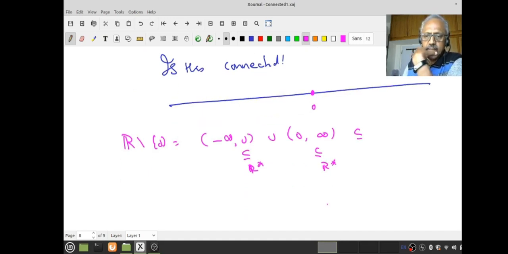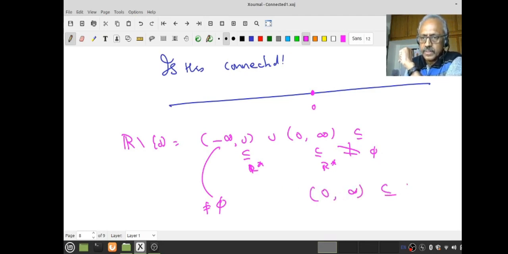Yes, and is this open? This is not empty. This is also not empty. I don't need that, let's look at only one. Let's look at only 0 to infinity. Okay, this is in R star. Is this open in the subspace topology?